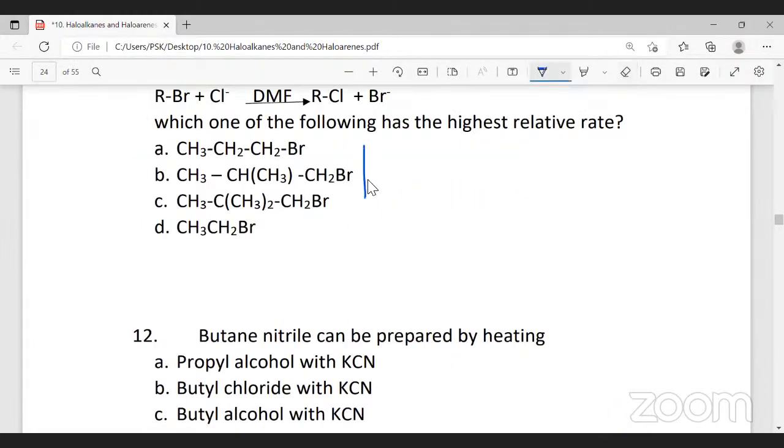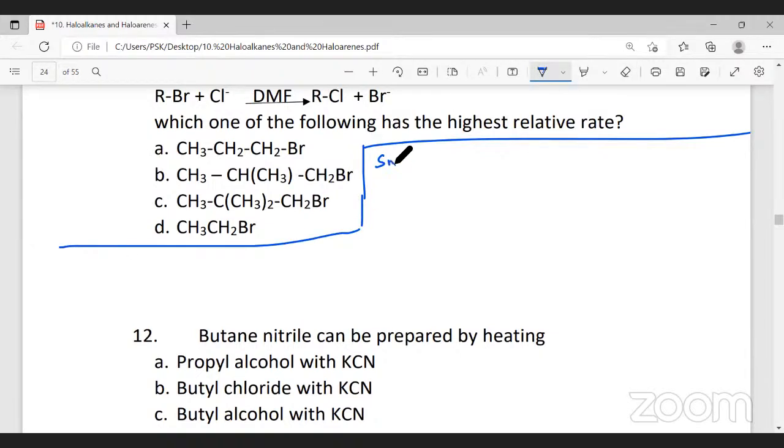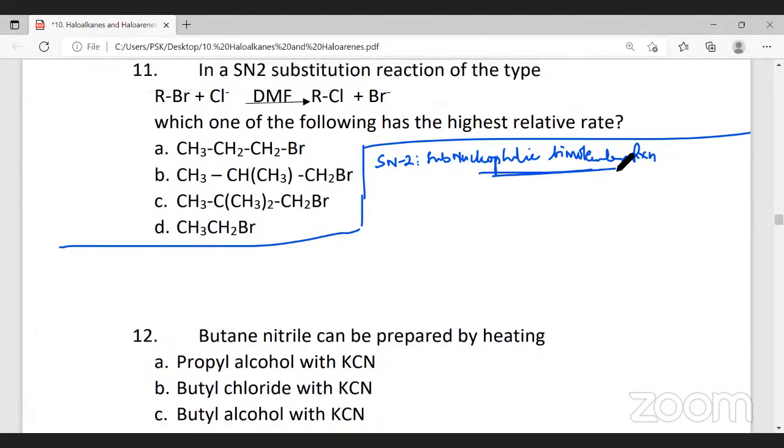Now this SN2 mechanism is substitution nucleophilic bimolecular reaction. Molecularity will be 2 here, therefore it's called a bimolecular reaction.